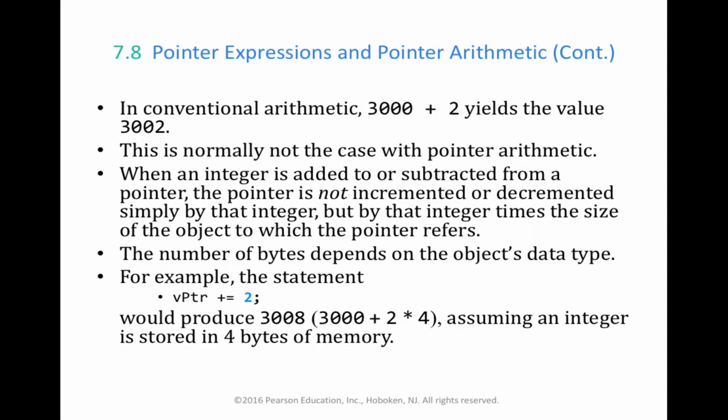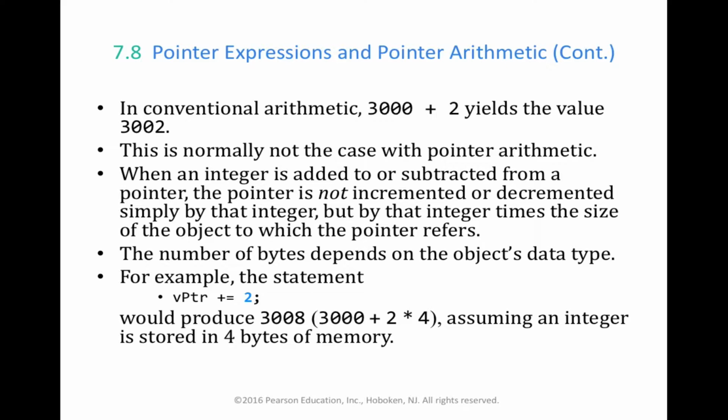In conventional arithmetic, 3000 plus 2 yields the value 3002. However, this isn't how pointer arithmetic works. When an integer is added or subtracted from a pointer, the pointer is not incremented or decremented simply by that integer, but by that integer times the size of the object to which it points. So the number of bytes depends on the size of the object.